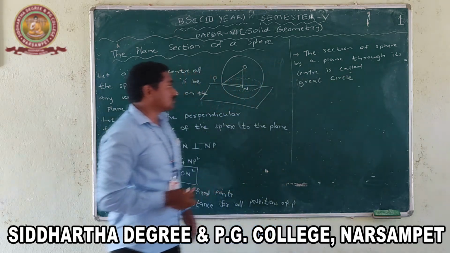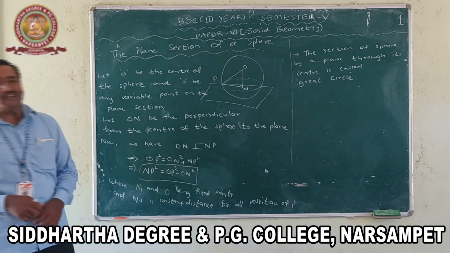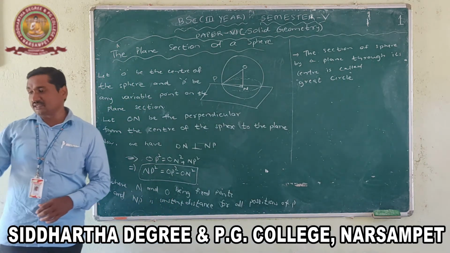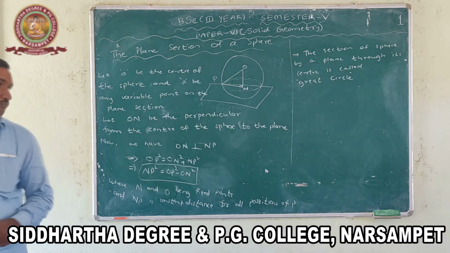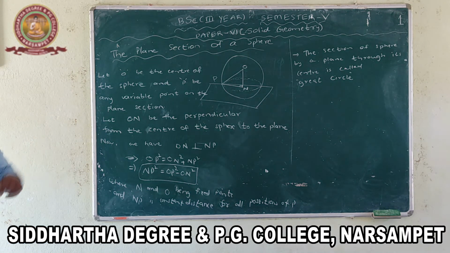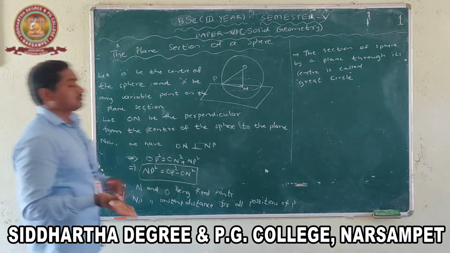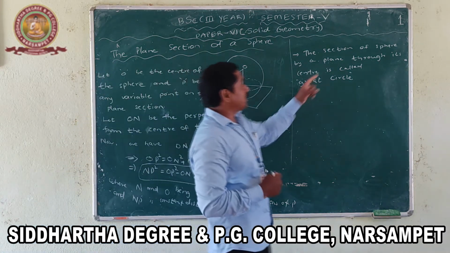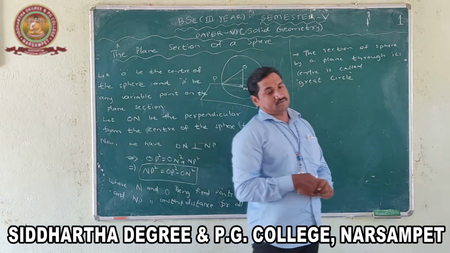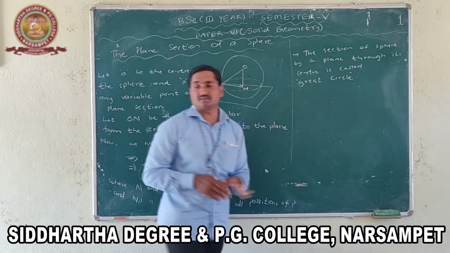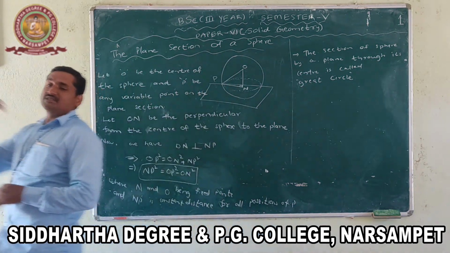In this case, the center and radius of the great circle are the same as the center and radius of the sphere.